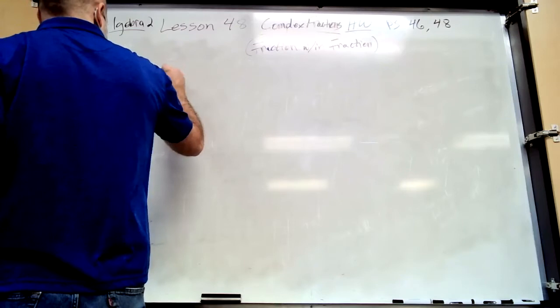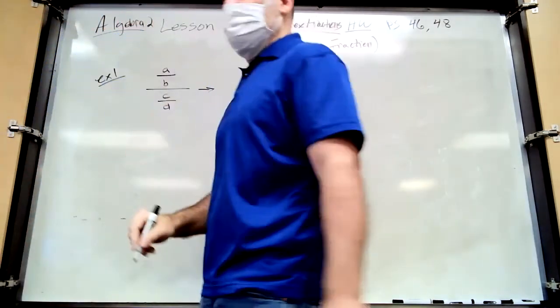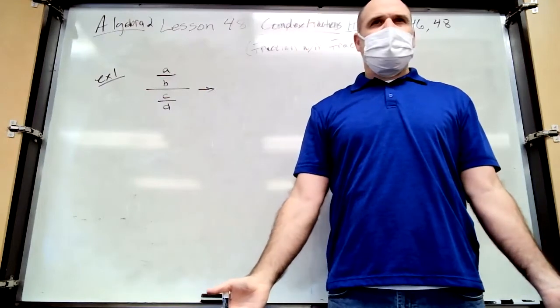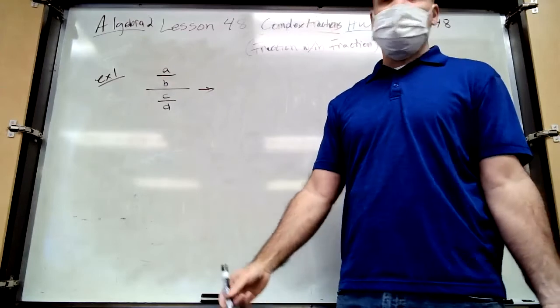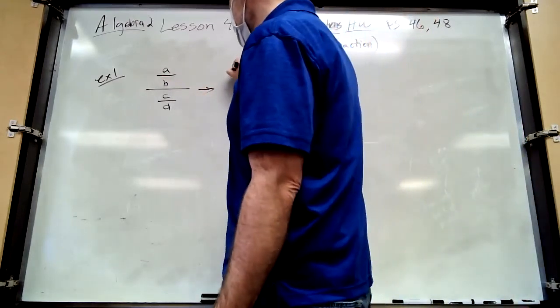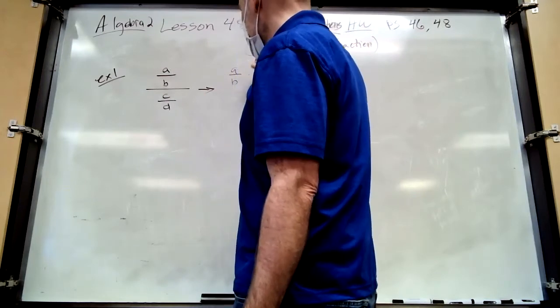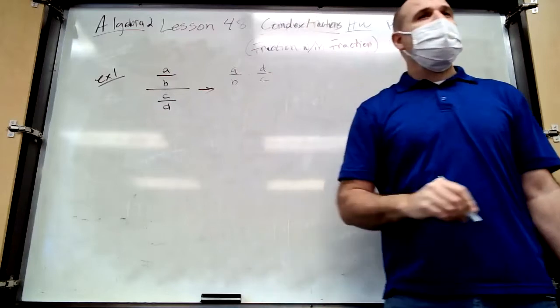So when we had A over B over C over D, remember doing this? How do you simplify that? Well, that's a division problem, right? This fraction divided by this fraction. So that's just A over B divided by C over D. So copy dot flop.